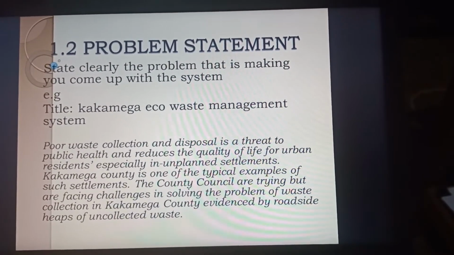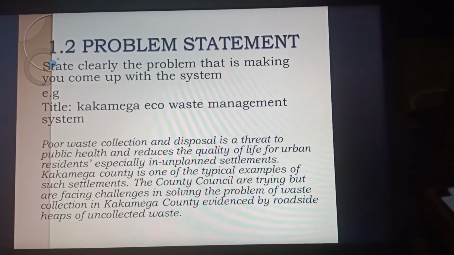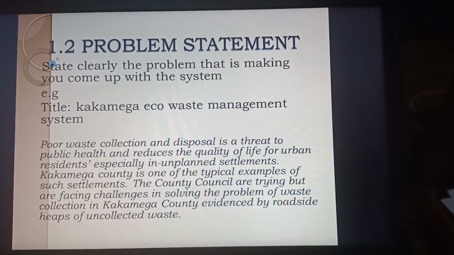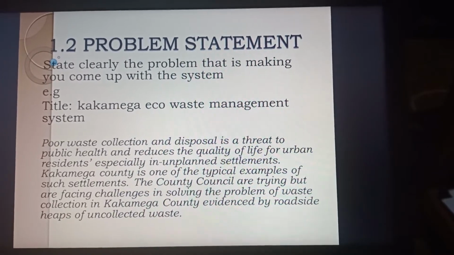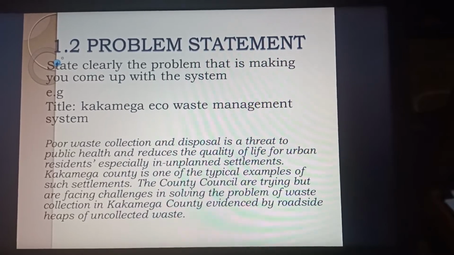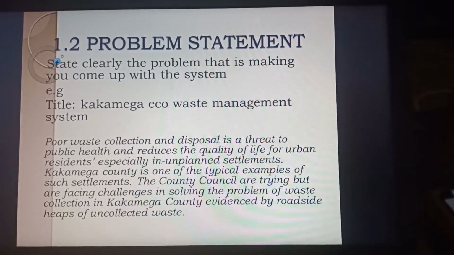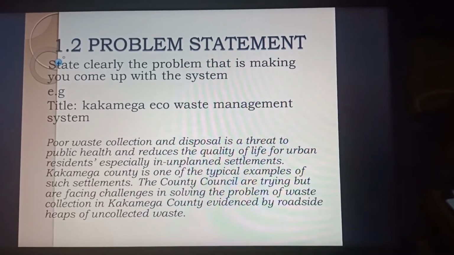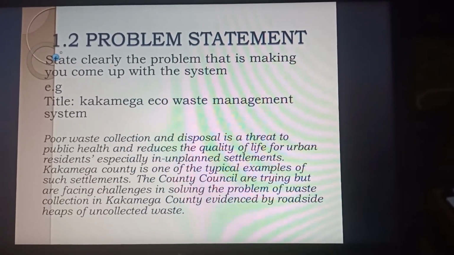1.2 Problem statement. In this, state clearly the problem that is making you come up with that system. We take our example again, Kakamega Eco-Waste Management System. So, what is making us come up with this system?